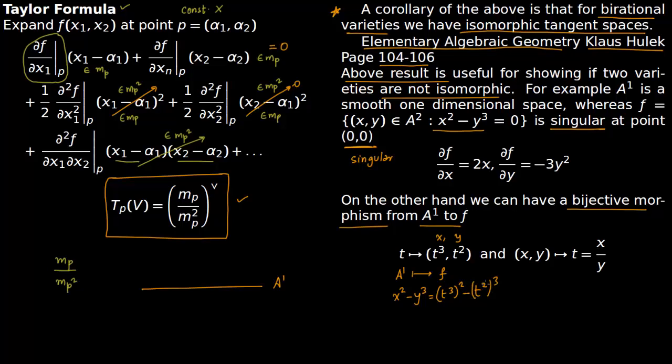So this is t^6, this is t^6, so obviously this is 0, so it satisfies this equation. In the reverse direction you obviously can go x over y. So the only problem is when y is 0, but when y is 0 you just map to 0 here. t is also taken as 0. So you have a one-to-one correspondence, a bijective morphism. But because this curve is singular and A1 is non-singular, they are not isomorphic as varieties.